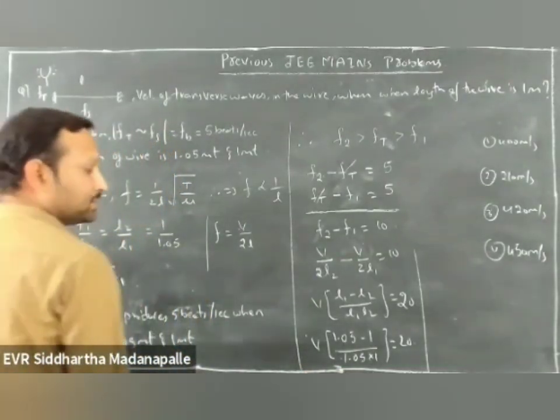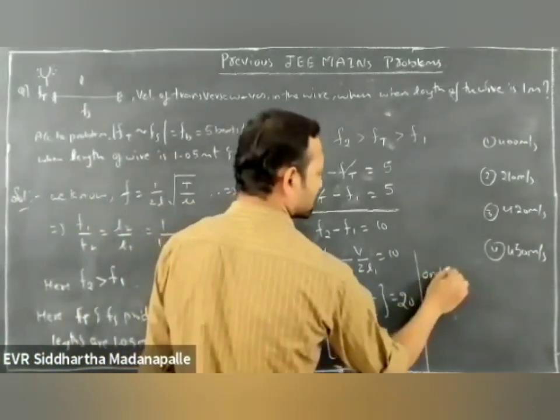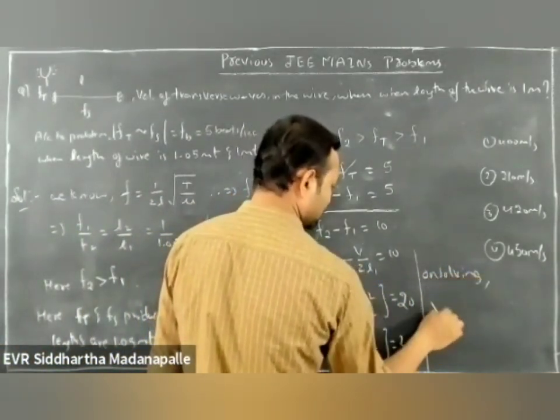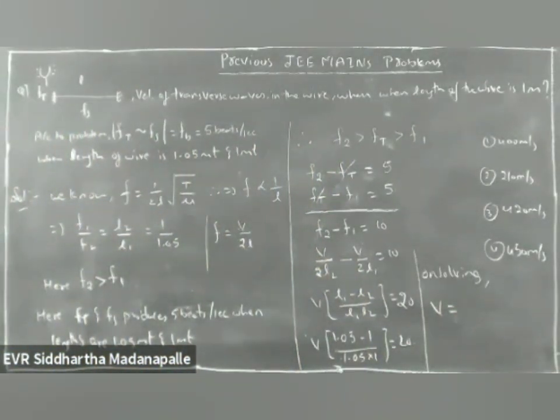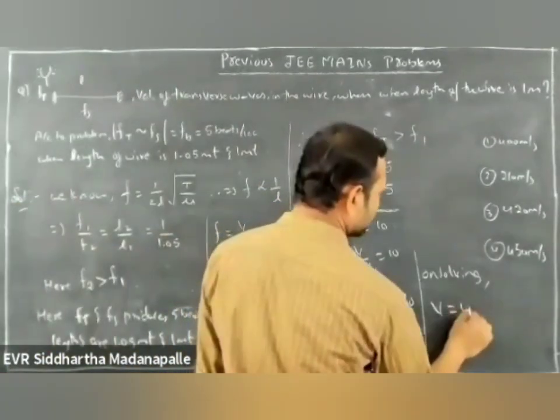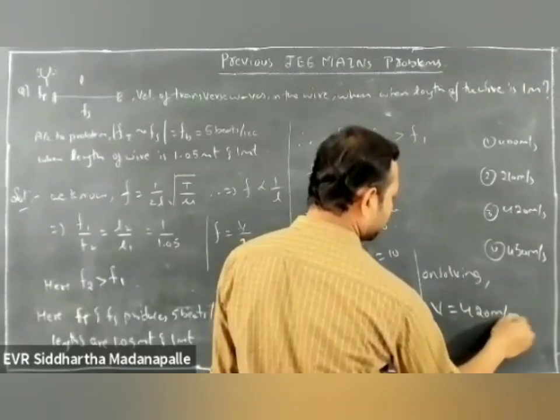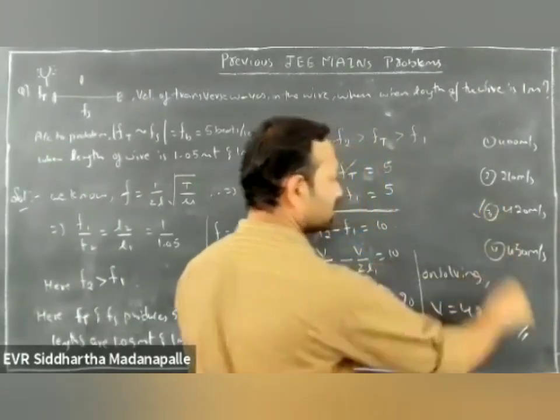On solving, the v value is equal to 420 meter per second. Therefore, option 3 is correct.